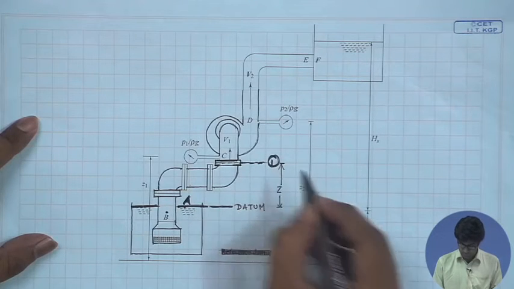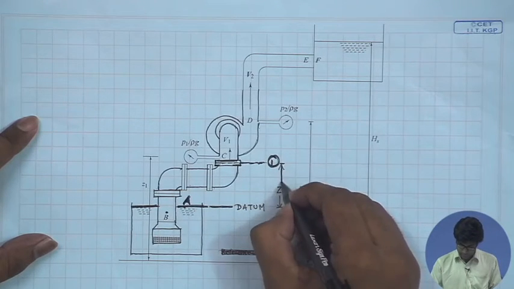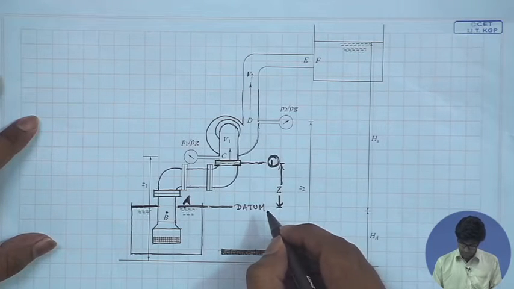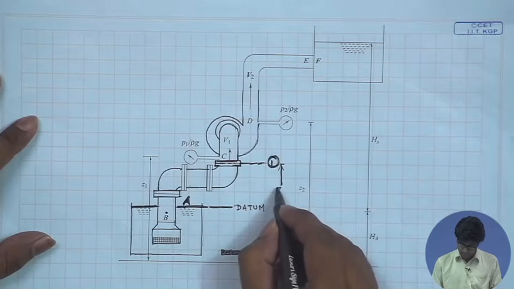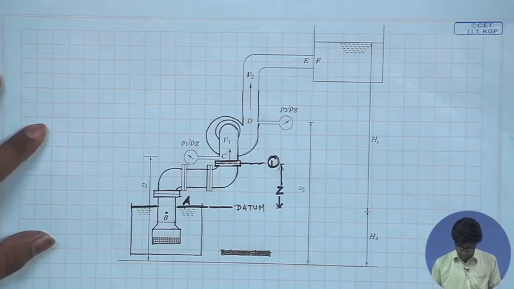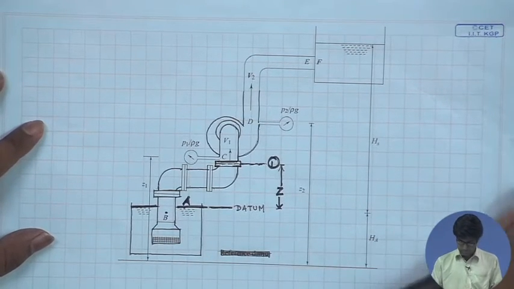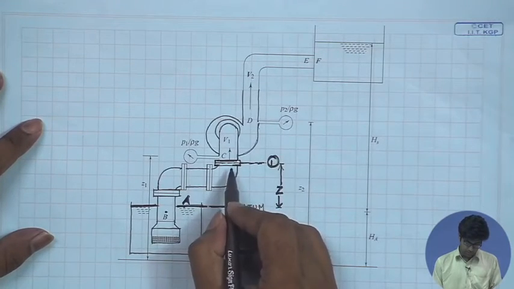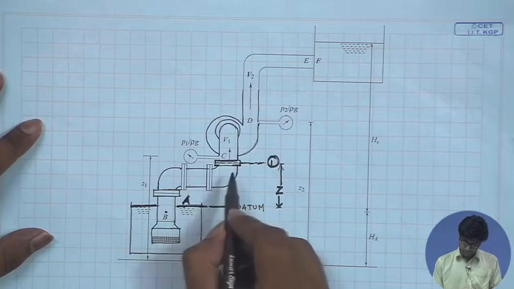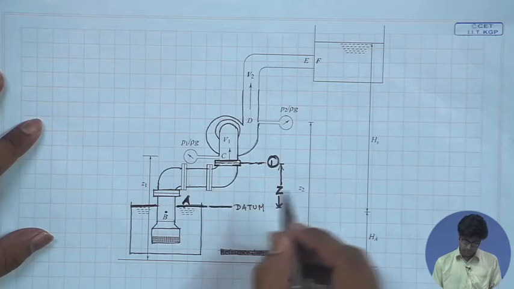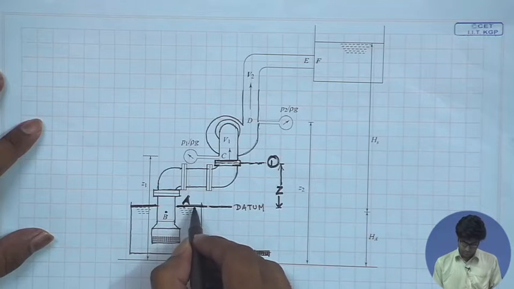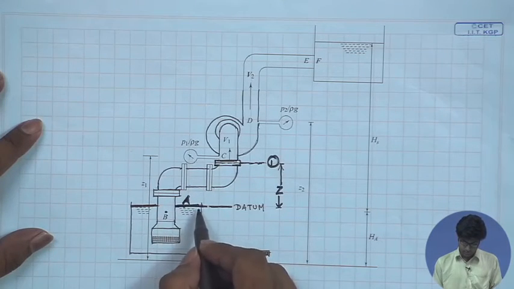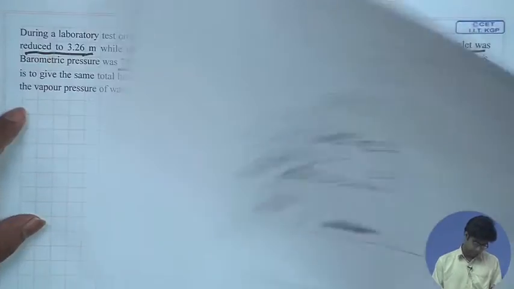This section we denote as 1, and the height between the impeller inlet and the reservoir water level is denoted by Z. All the variables at the inlet of the impeller are denoted by subscript 1, and the variables at the reservoir water level are denoted by subscript A.